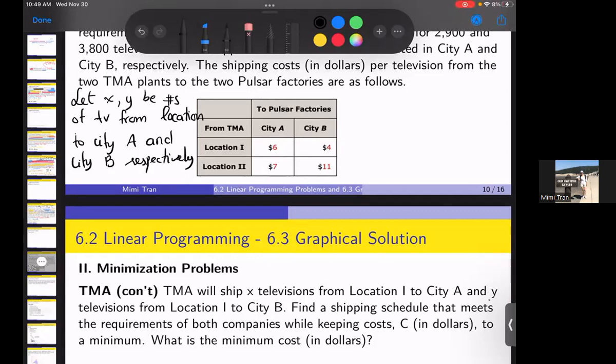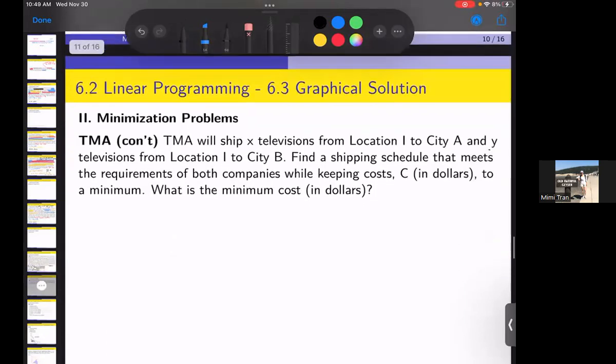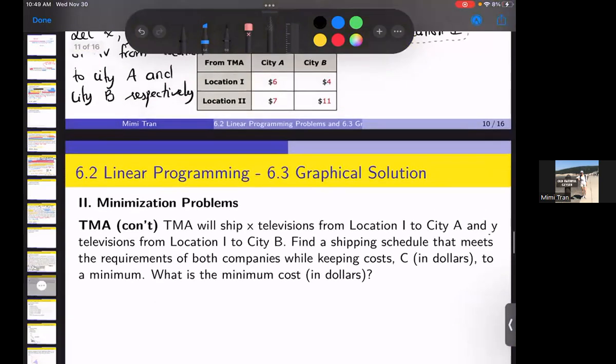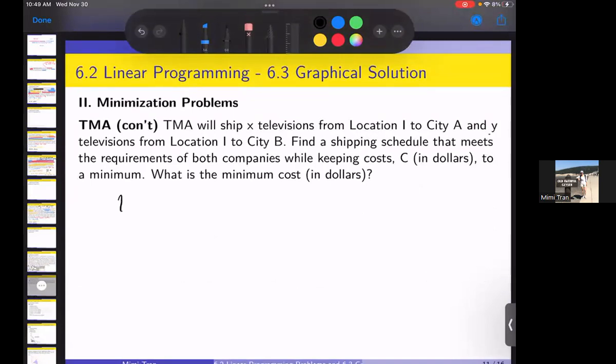Now what about from location 2 to CDA and to CDB? We'll take care of that later. Actually, by doing this, I'm going to draw a diagram. So here is location 1. I'm going to ship X TVs to CDA, right?